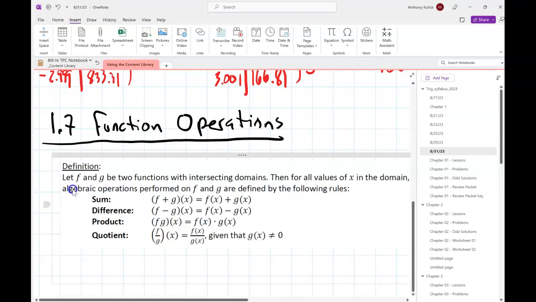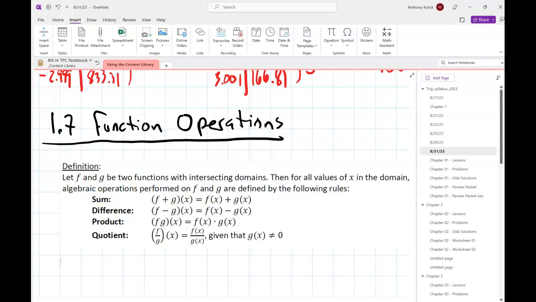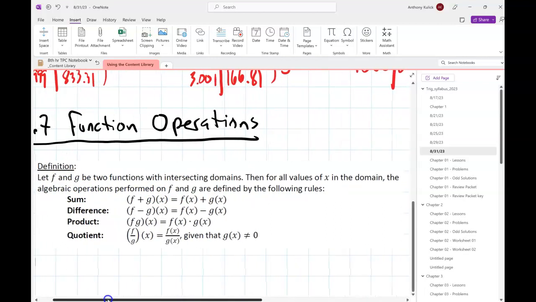So our definition says, let f and g be 2 functions with intersecting domains. Then for all values of x in the domain, the algebraic operations performed on f and g are defined by the following rules. F plus g of x is just f of x plus g of x.